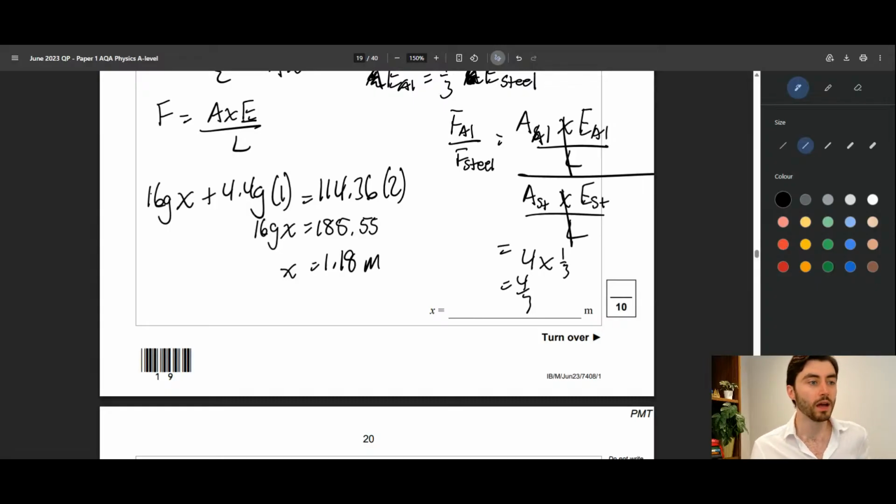Also, someone says in the comments, if you write outside the lines of the answer box, can you still get marks? No, you must keep within the lines of the answer box, because the person marking your paper does not have the paper in front of them. They have had the paper scanned and they are doing it on their computer. You do not have one person marking your whole exam.